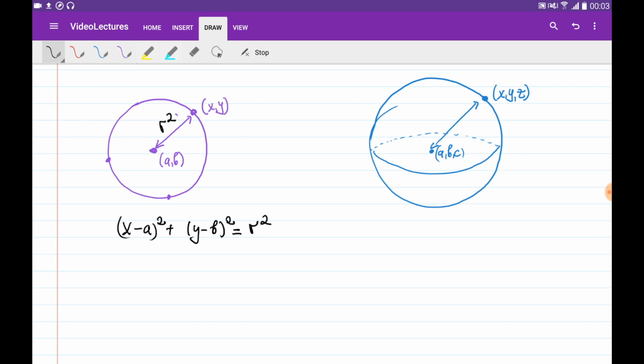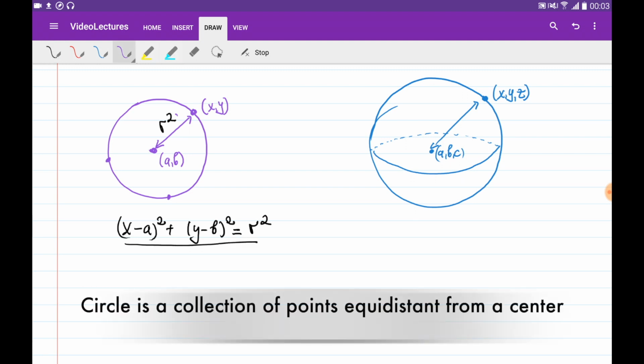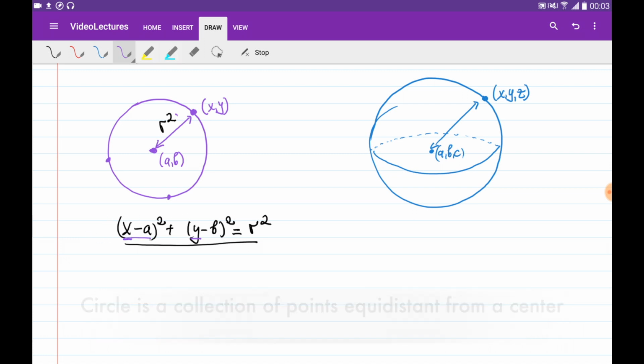The concept of this equation means that among all of the points in 2D, we need to find only those points with coordinates x and y, so that the distance between this point and the center, which is the square root of x minus a squared plus y minus b squared, is equal to the radius, right? Because if you find the distance, it's going to be equal to the radius.